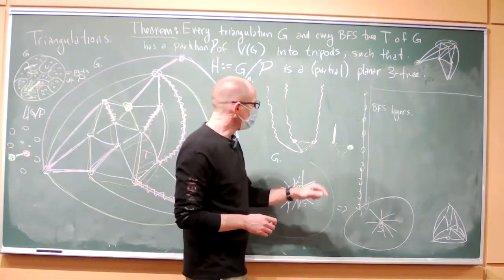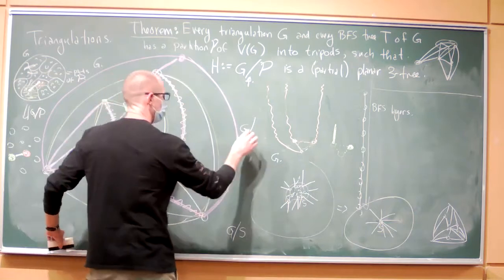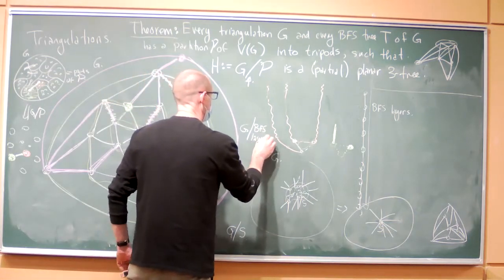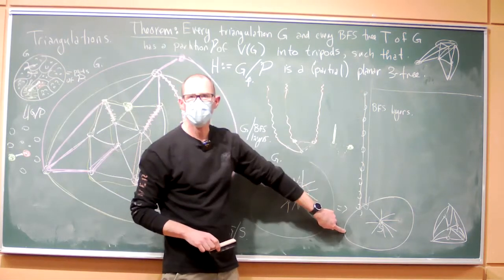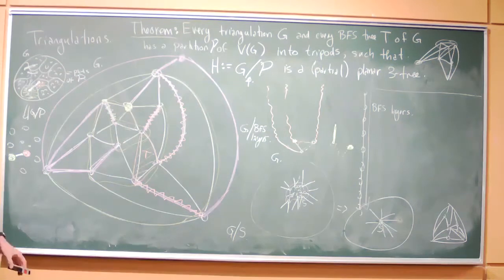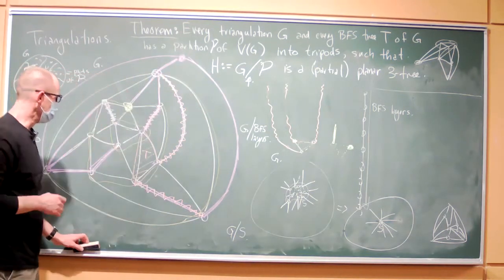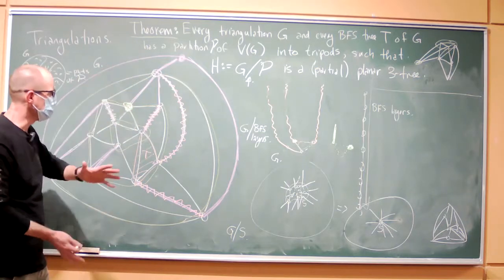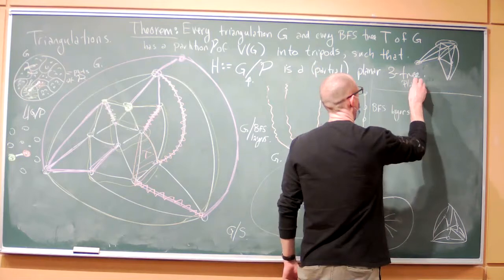So if I take G and take the quotient on the partition which is the BFS layers, then what I get is a path. Everybody's only adjacent to the layer above or the layer below. On the other hand, if I do this partition that this theorem describes and take the quotient, I get somehow a planar 3-tree.